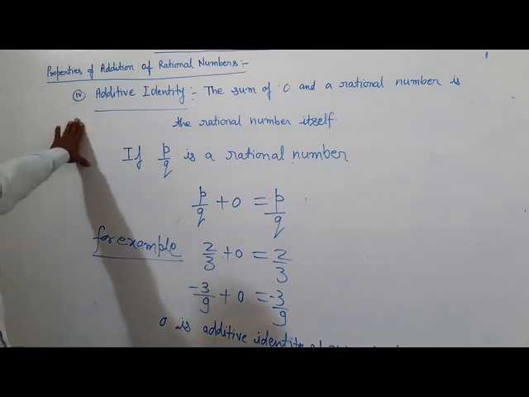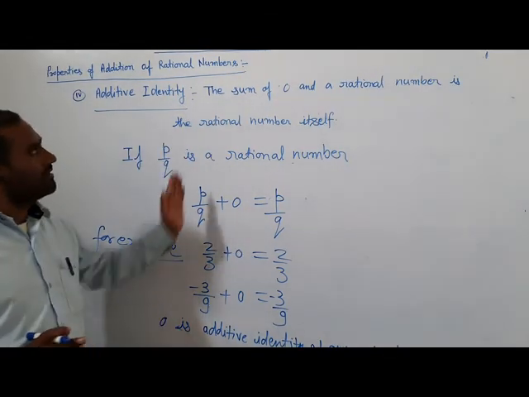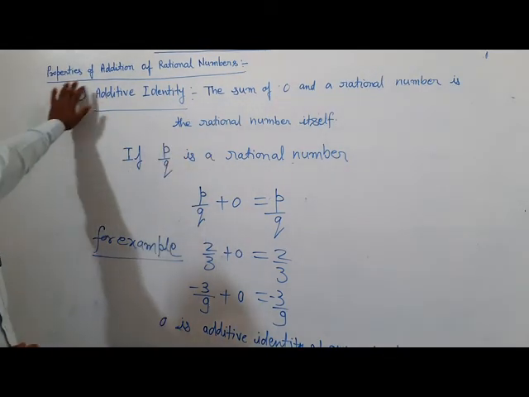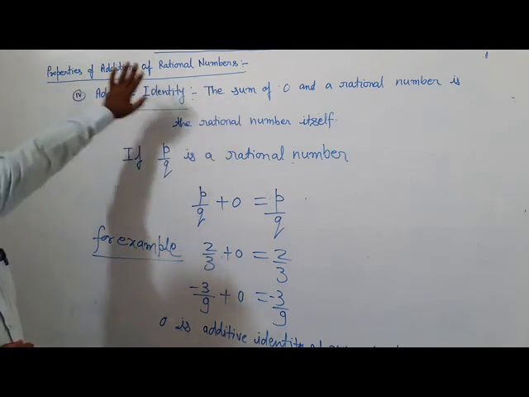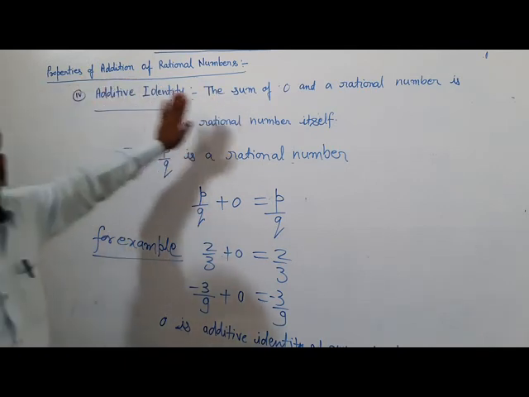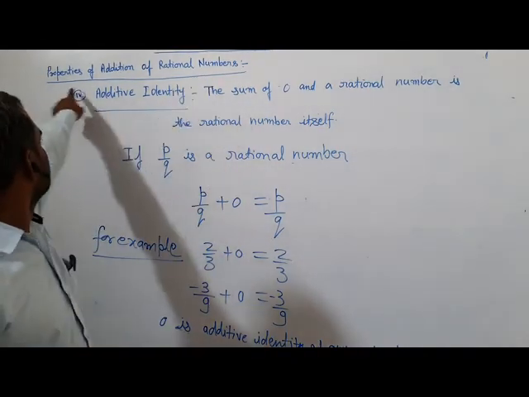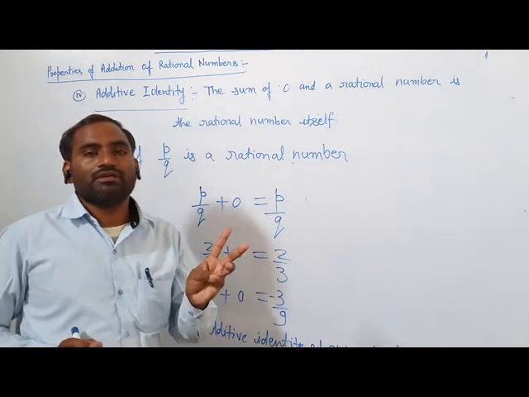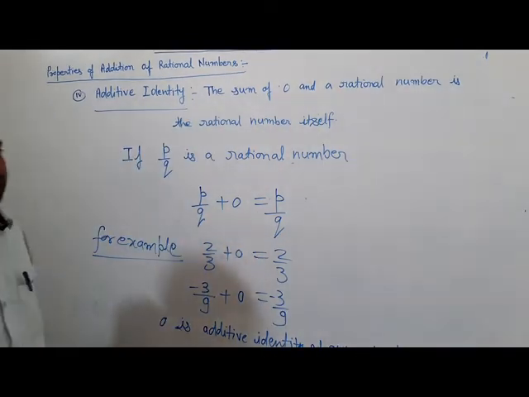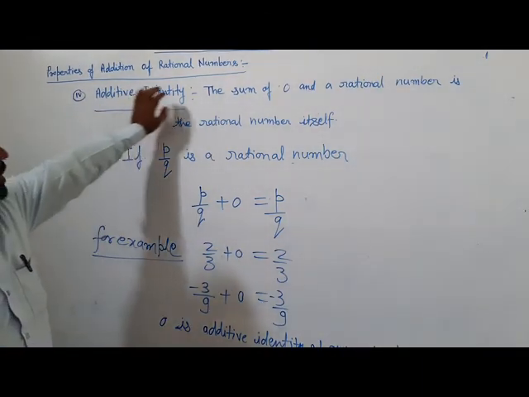So here we have learned the operation of addition of rational numbers. These are the properties of addition of rational numbers: closure property, commutative property, associative property, and additive identity.